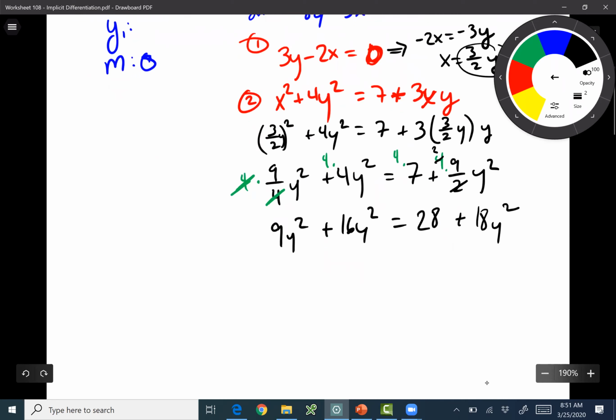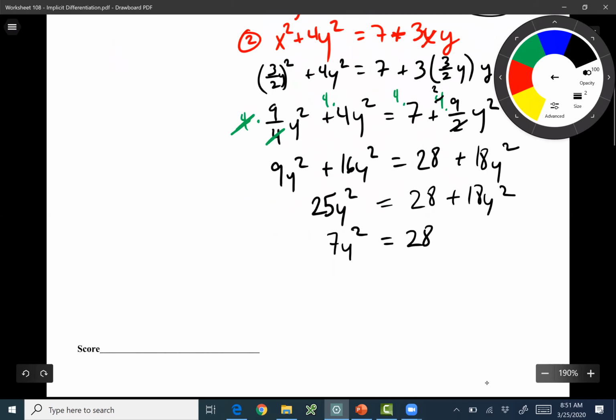And we'll add our like terms. 25y squared equals 28 plus 18y squared. Subtract the 18y squared over, and we'll get 7y squared equals 28. Divide by 7, we get y squared equals 4. Then square root it, and we get y equals plus or minus 2.